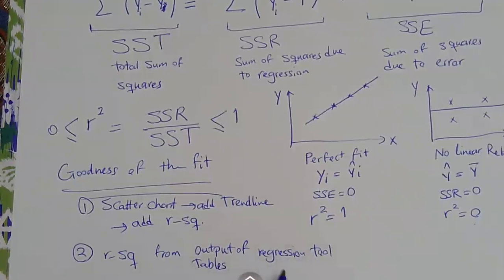When you run the regression tool from the data analysis tool pack, in the first table in the summary output, you can see the R squared. R squared is given to you.